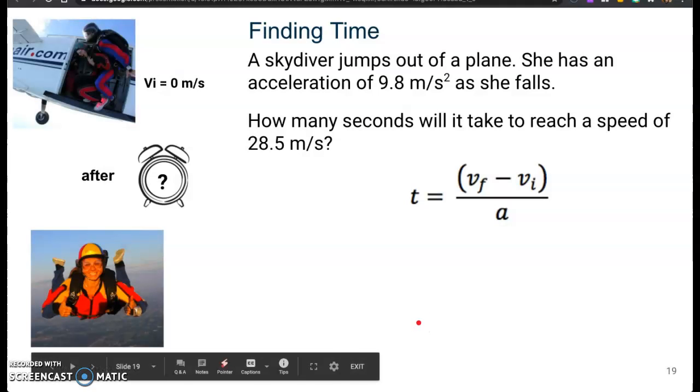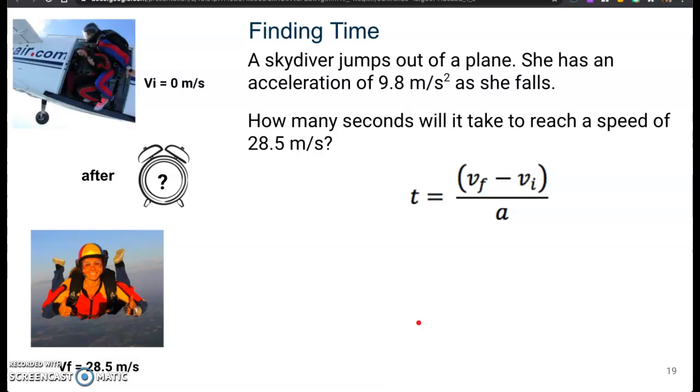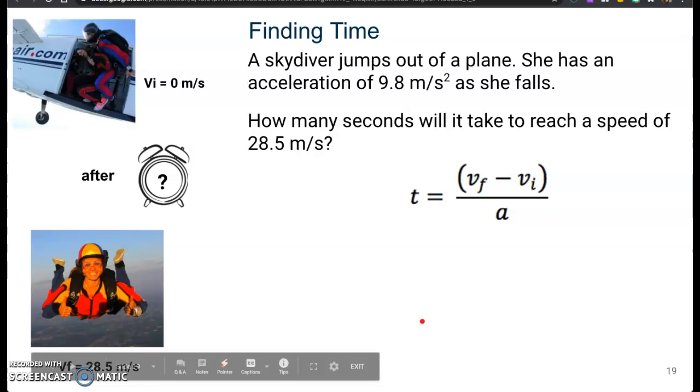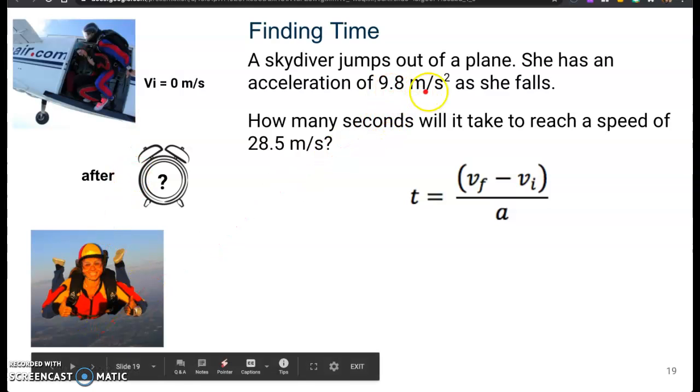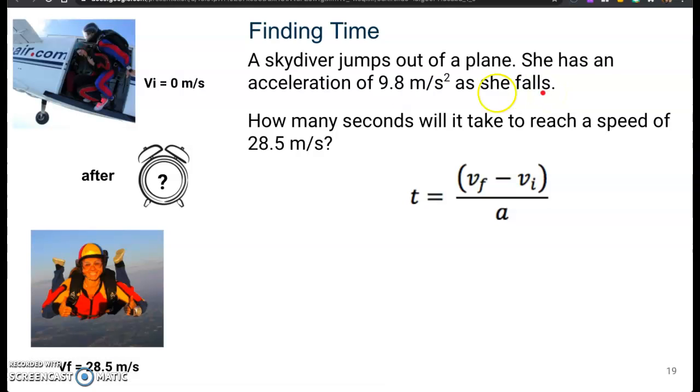Let's try and find time, right? Because with our speed equation, we were able to find all of the different units some way. Let's try and find time. So a skydiver jumps out of a plane. She has an acceleration of 9.8 meters per second squared as she falls to the earth.